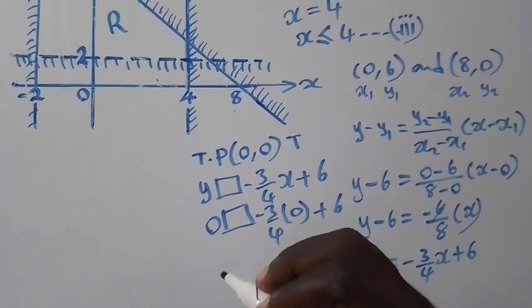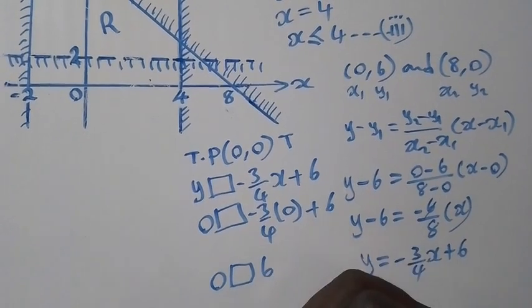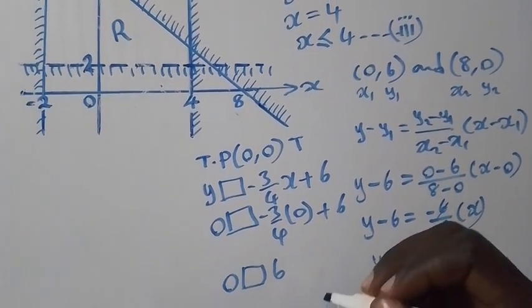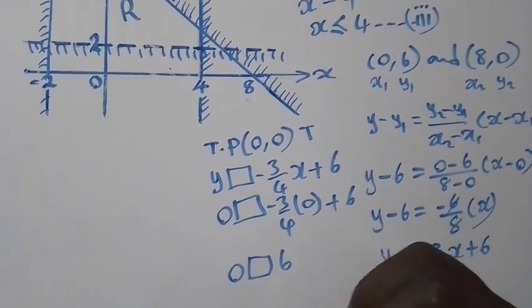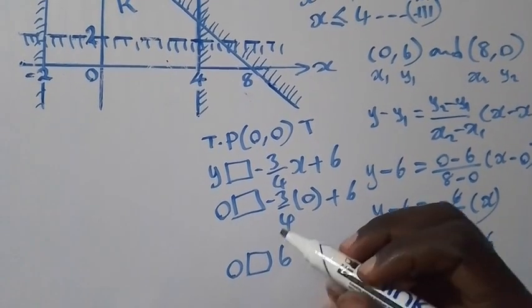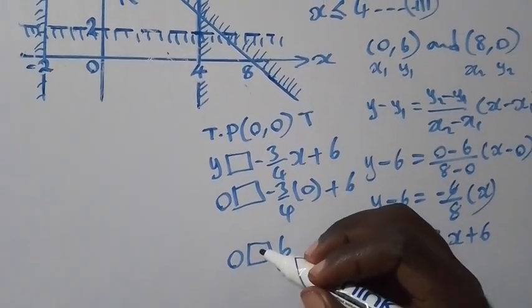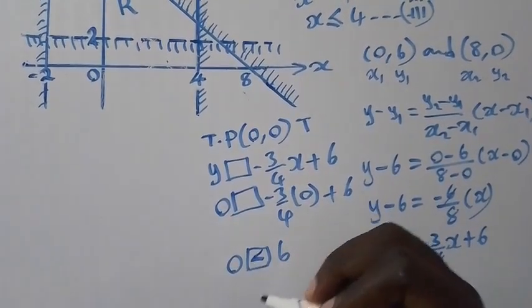So now this one will be 0 box 6. This is the part that needs us to conclude. We said we shall conclude with a true statement, where we will say 0 is less than 6.